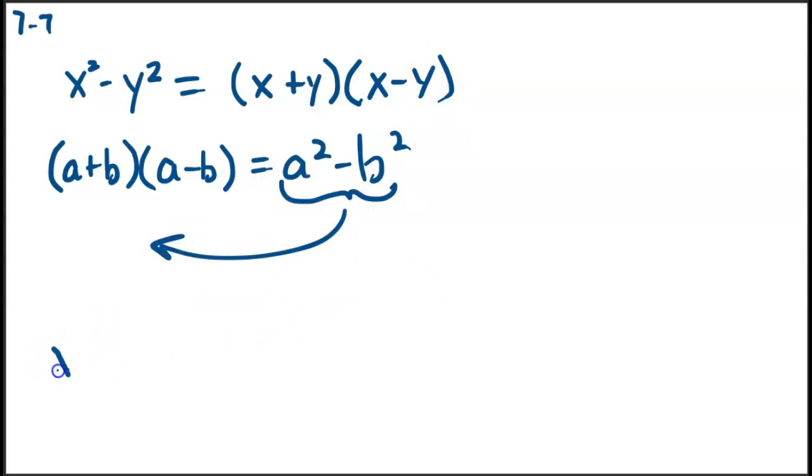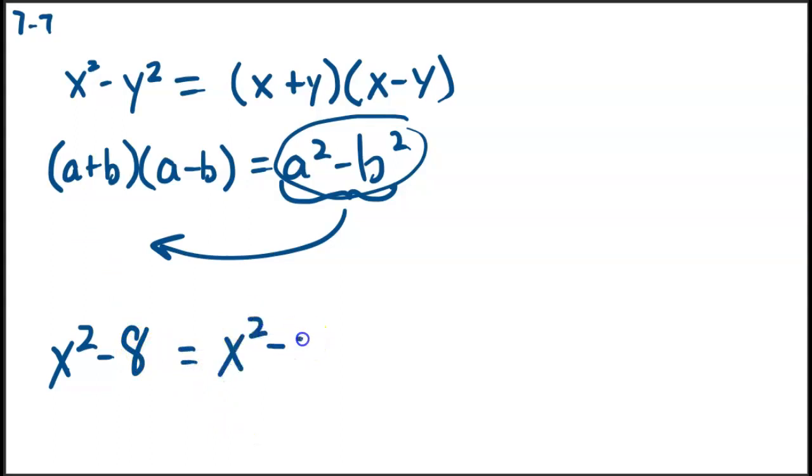We have x squared minus 8, right? Well, if we want it to look more like this form right here, we want a squared exponent on this second term. How can we do that? Well, if you square the square root of a number, you get the number, right? So x squared minus the square root of 8 squared.